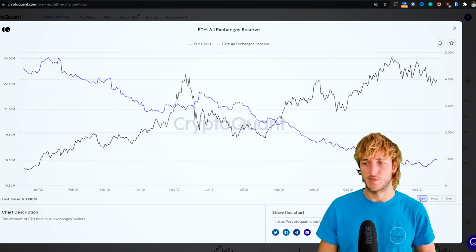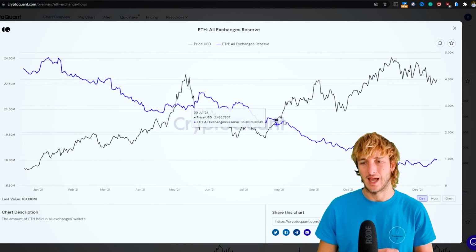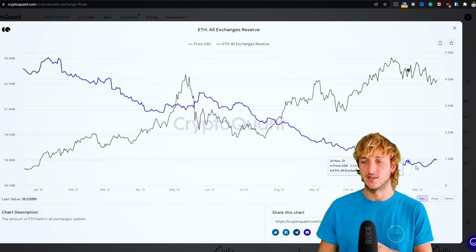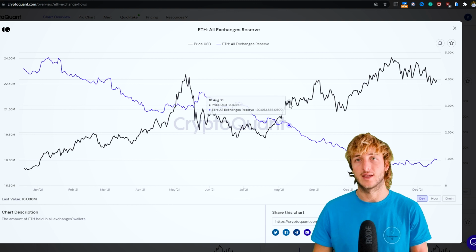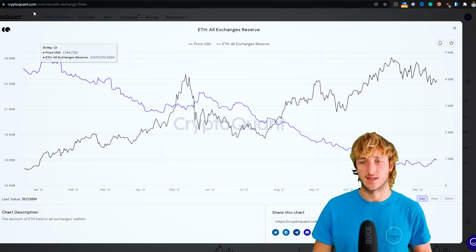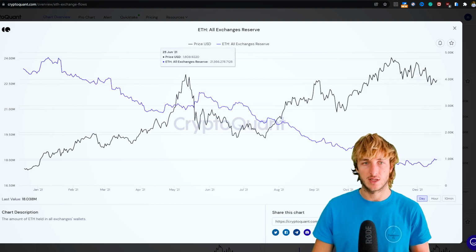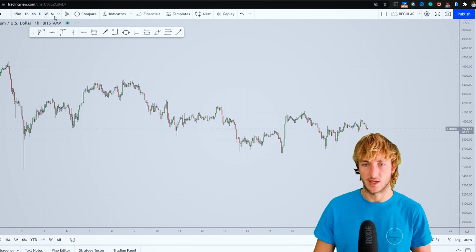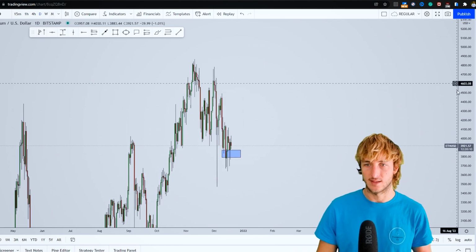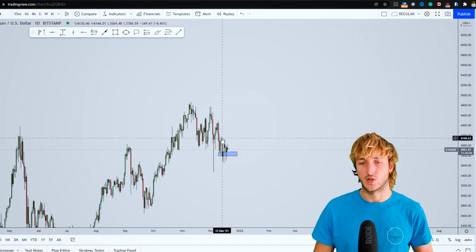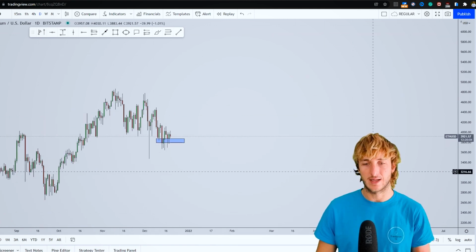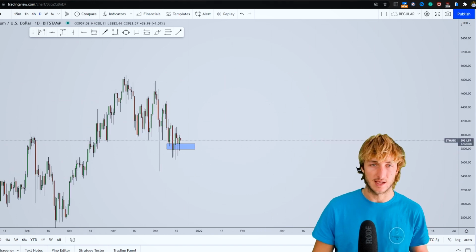However, if we switch back to the daily time frame, we can see how we have been steadily decreasing when it comes to the amount of Ethereums that we have on exchanges, meaning that at the moment we are getting very strong demand and support, because clearly as the price is dropping and we know that we did get a correction here, no matter the reason for which we got the correction, anyway, we are getting more buying than selling.